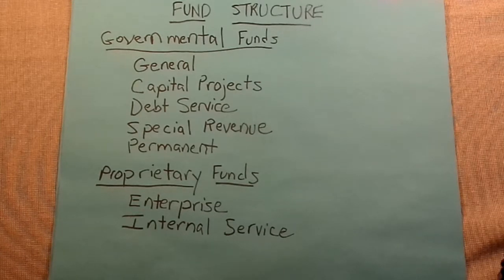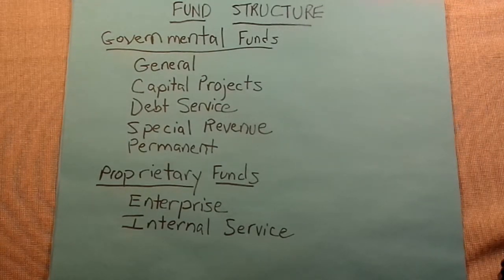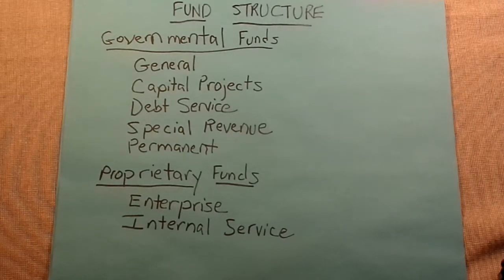For example, sometimes the government will sell things, not necessarily trying to sell it for a profit. Might just be that they're trying to charge something to people who are using it, and then this might come up as a special revenue fund. Also, there are permanent governmental funds.